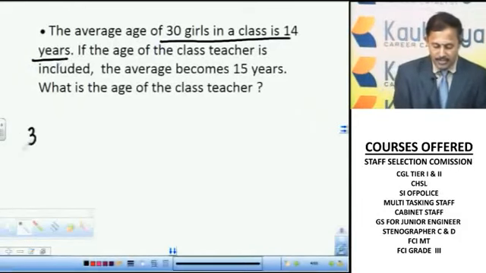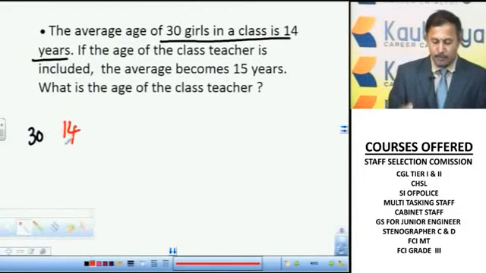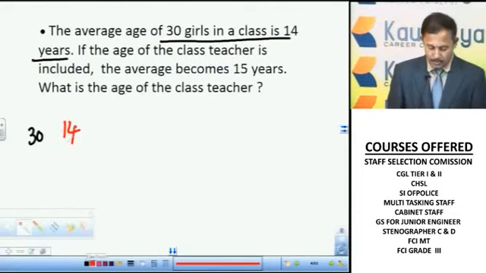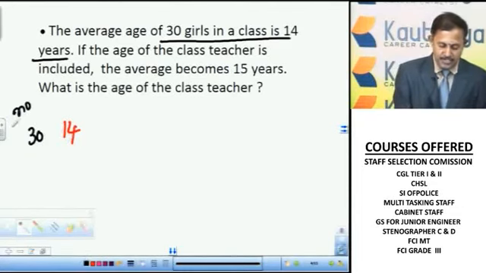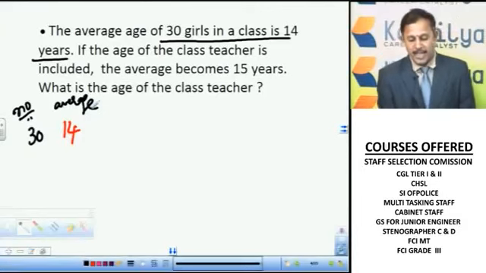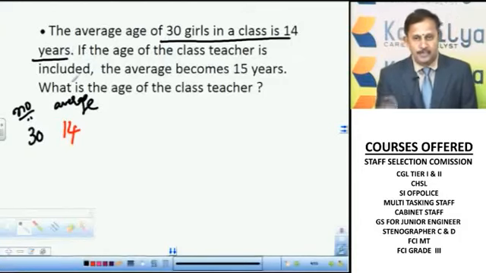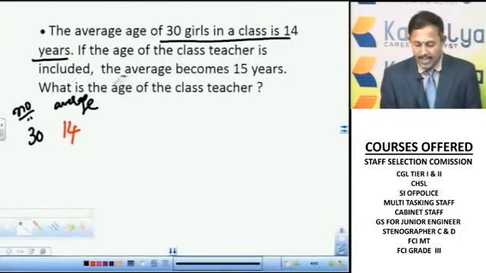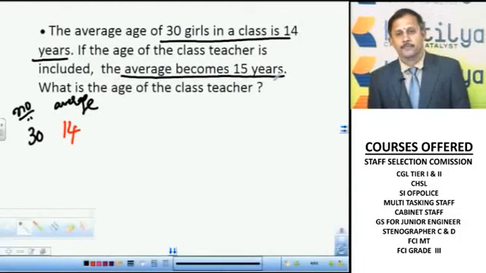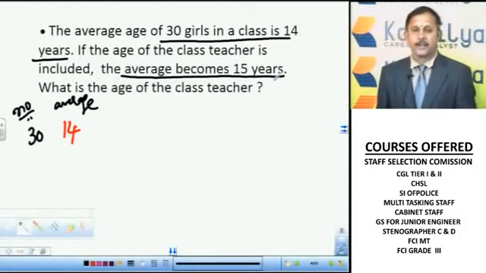There are 30 girls in a class and their average age is given as 14 years. Next sentence: if the age of the class teacher is included, the average becomes 15 years. And the question is, what is the age of the class teacher?